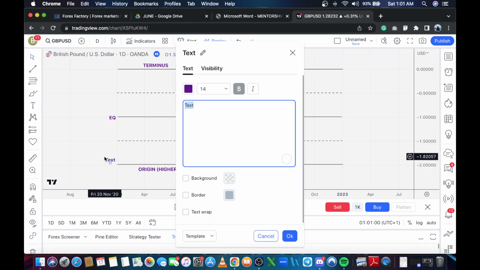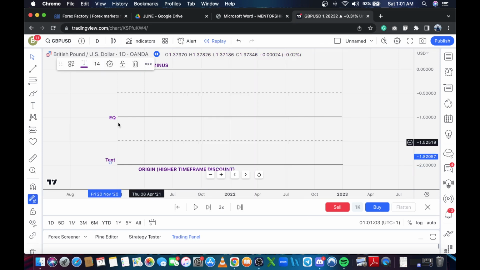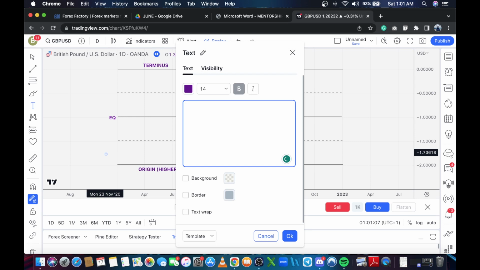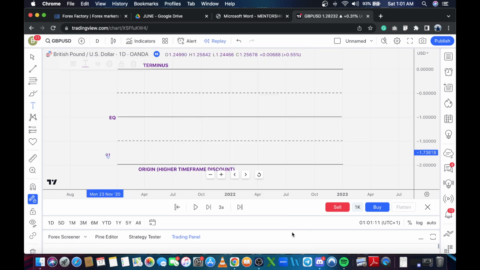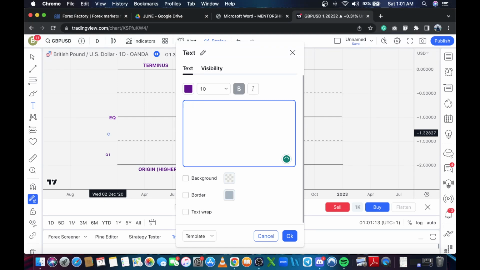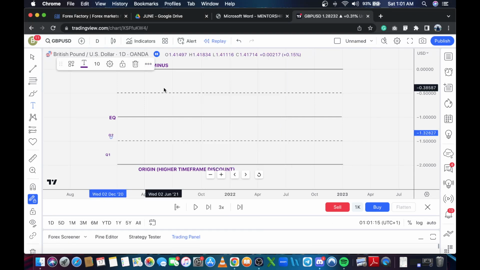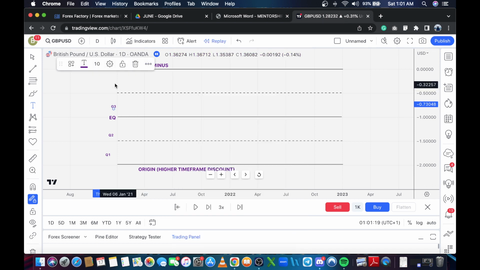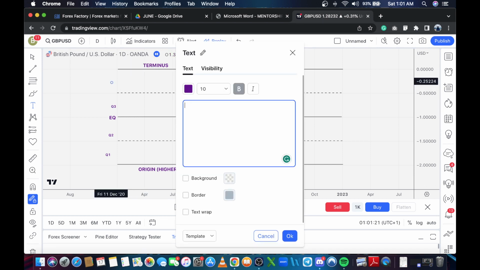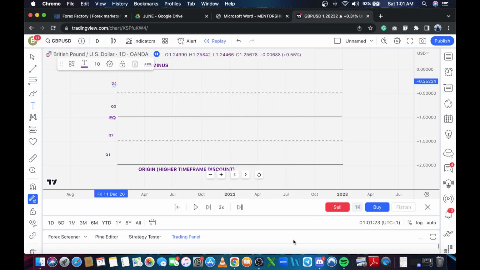So we're going to label this quarter 1. I'm going to label this Q1, right? And this is going to be quarter 2, Q2, quarter 3, this is Q3, quarter 4, this is Q4. So we have Q1, Q2, Q3, and then Q4.